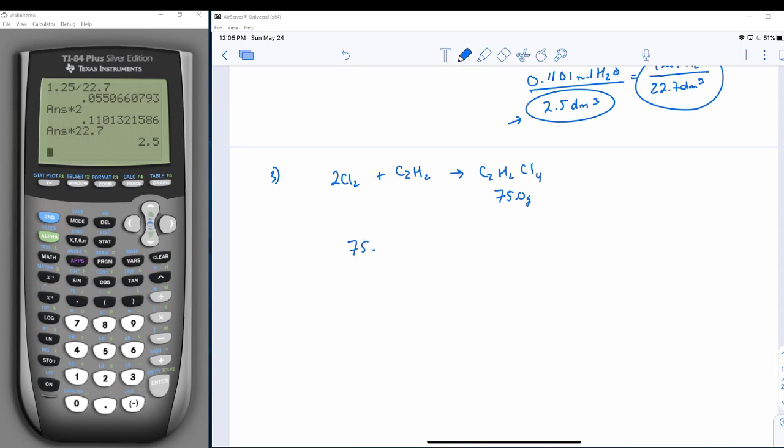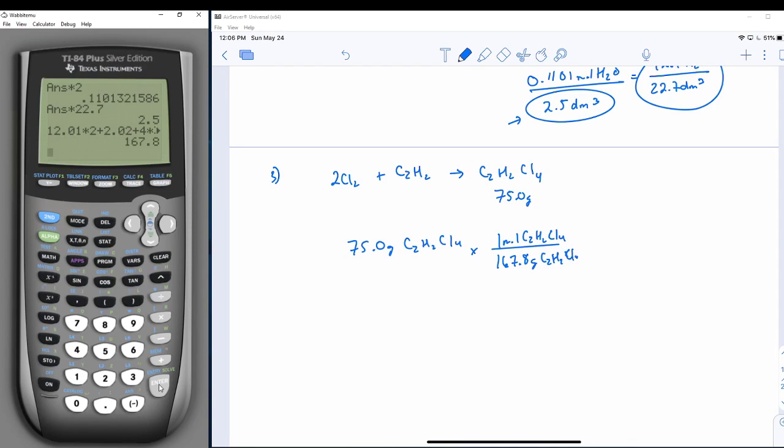So when we have 75 grams of C2H2Cl4, we convert that by using the molar mass into moles of C2H2Cl4. And for that, it would be 12.01 times 2 plus 2.02, which is 2 hydrogens, plus 4 times 35.44. So that's 167.8 grams of C2H2Cl4.